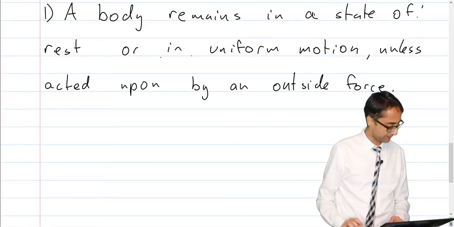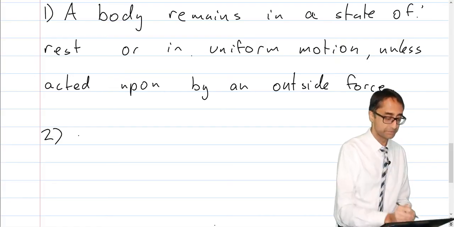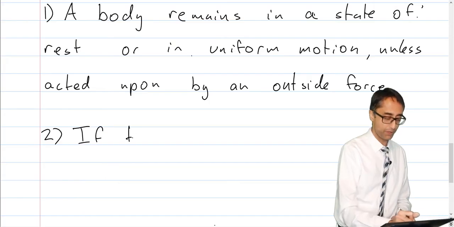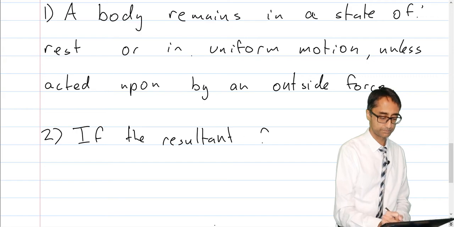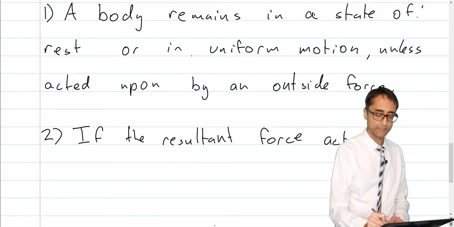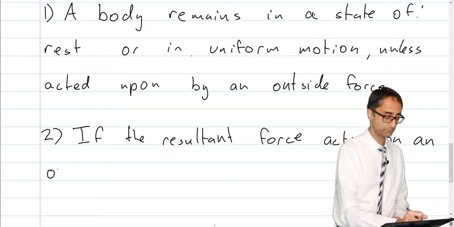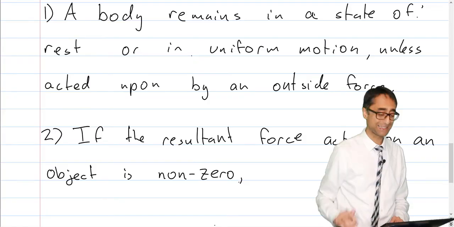The second law states that if the resultant force acting on an object is non-zero, that is, basically if you add up all the forces on an object and you get a number that's not zero.